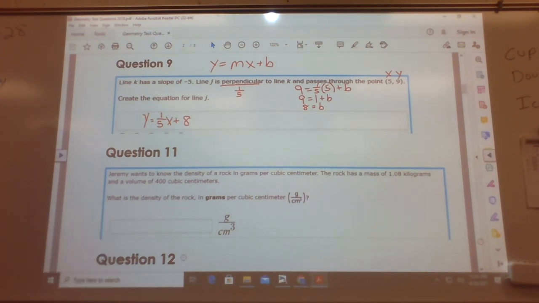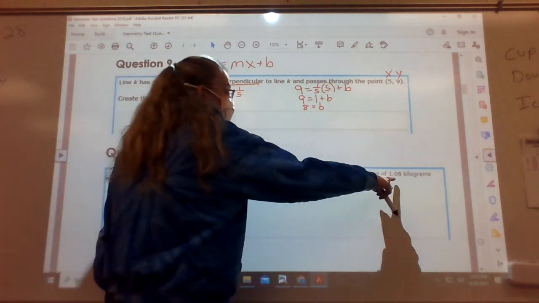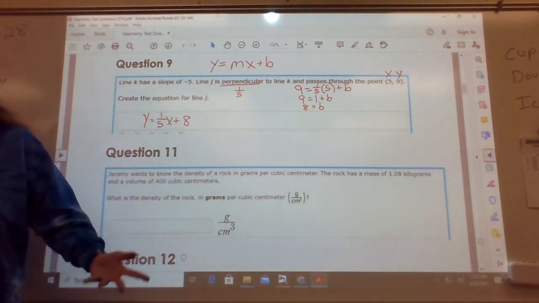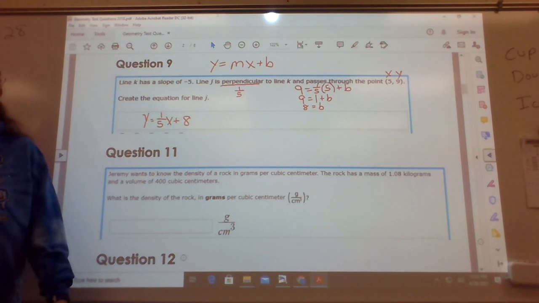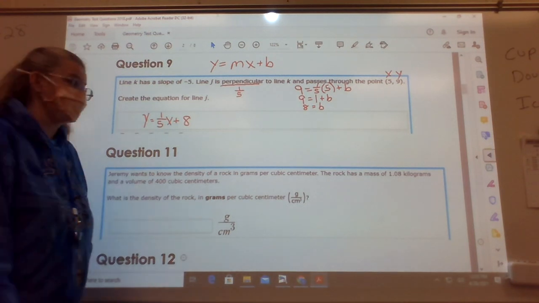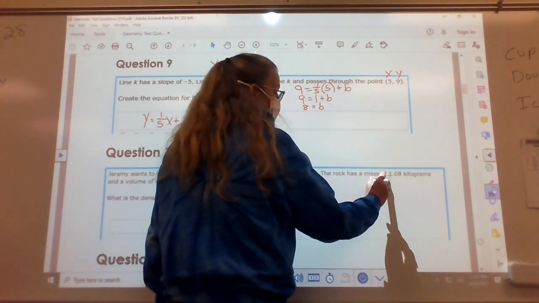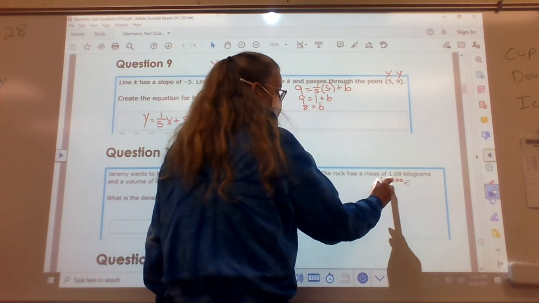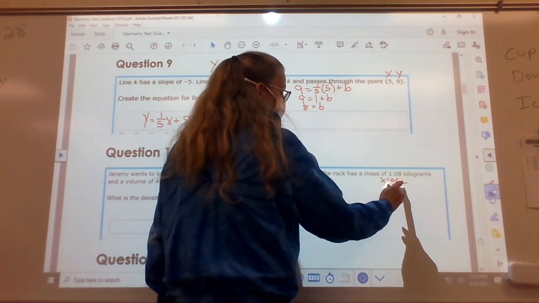This one is one of the easier ones. Jeremy wants us to know the density of the rock in grams per cubic centimeter. Well, first they give me kilograms, but I want grams. There are 1,000 grams in a kilogram. So first thing I have to do is multiply by 1,000. And I get 1,080.